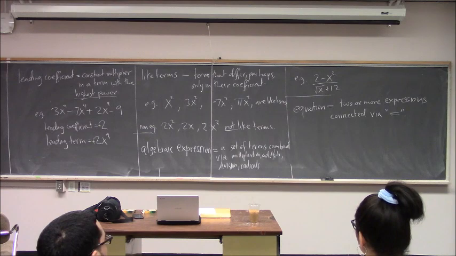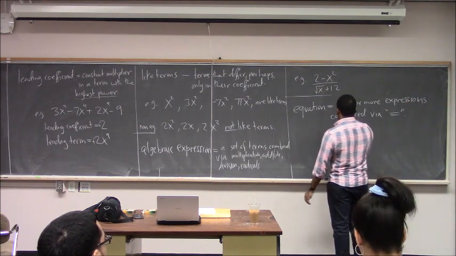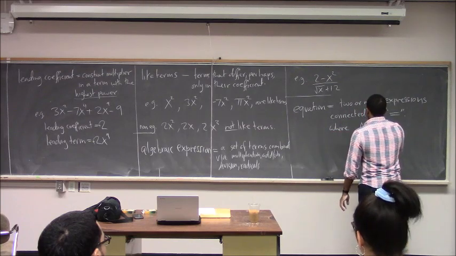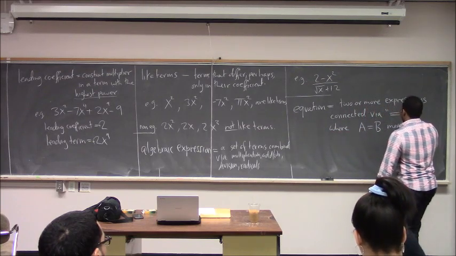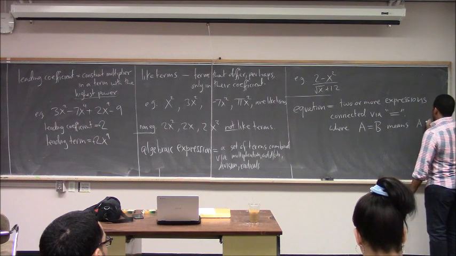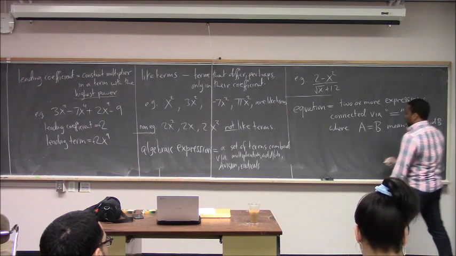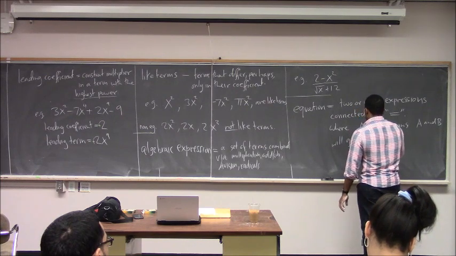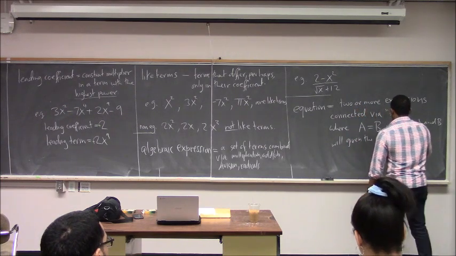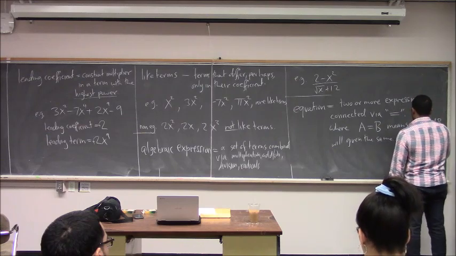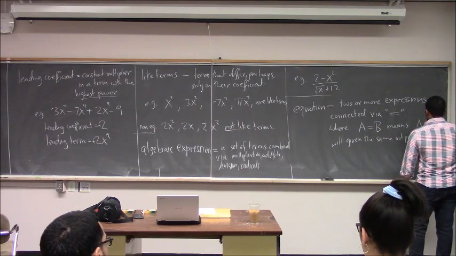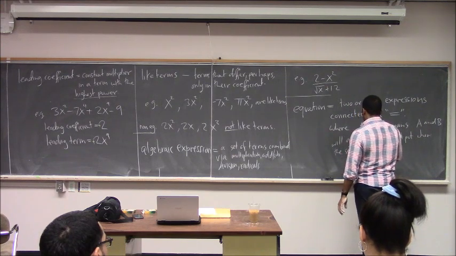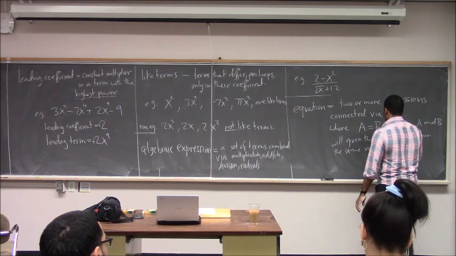It must have that symbol in it. Where A equals B means A and B will give the same output when the same variables are plugged in.